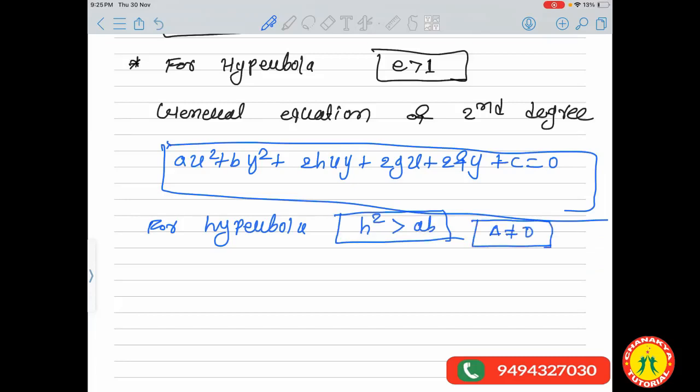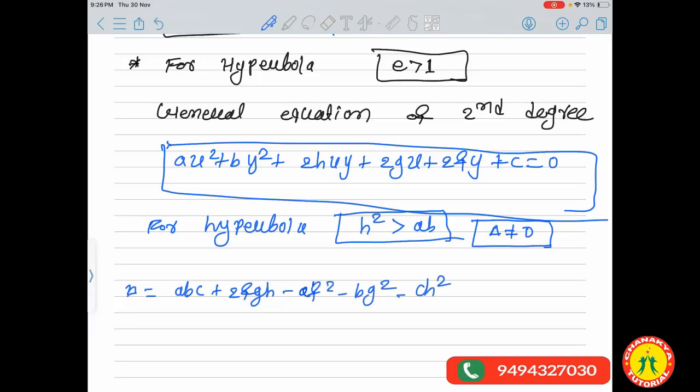You know na delta? We know delta is equal to abc plus 2fgh minus af² minus bg² minus ch², right?